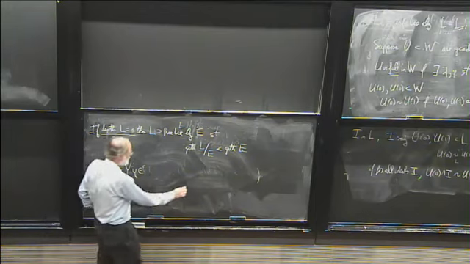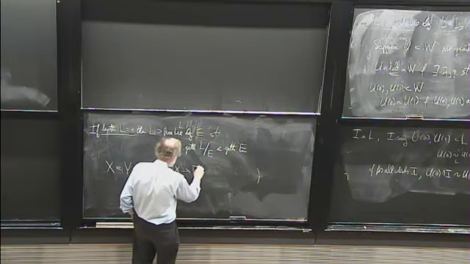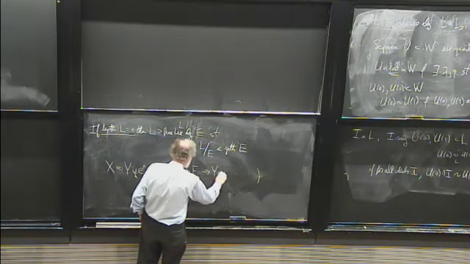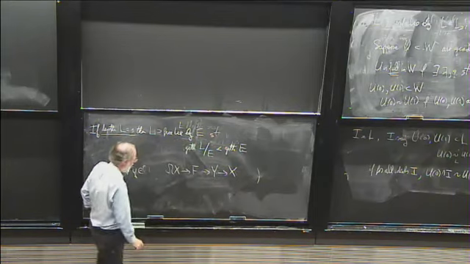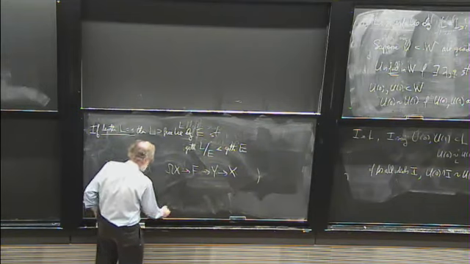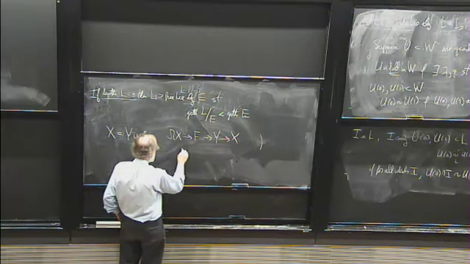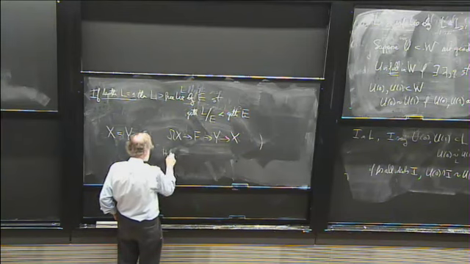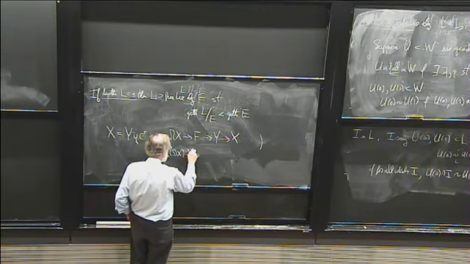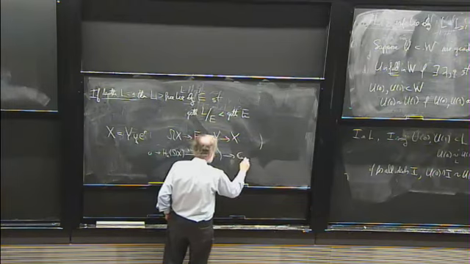Then you get a fibration sequence, which I will write as omega X goes to F, goes to Y, goes to X. And it is known since forever by Félix and Thomas and maybe others that you have H star of omega X, here's 0, goes by multiplication by something into H star of F, goes to Q, goes to 0.